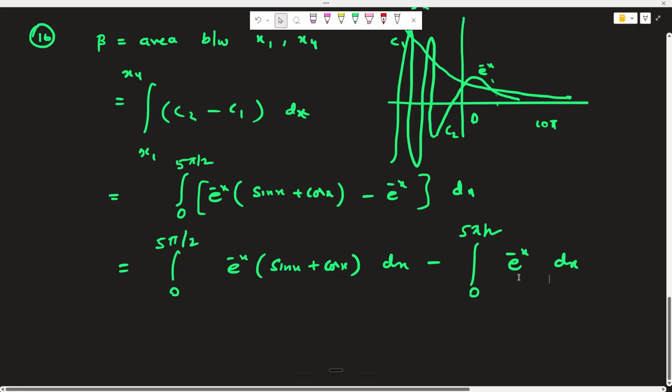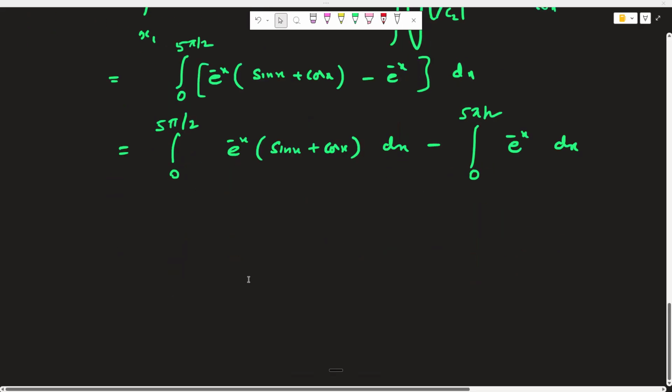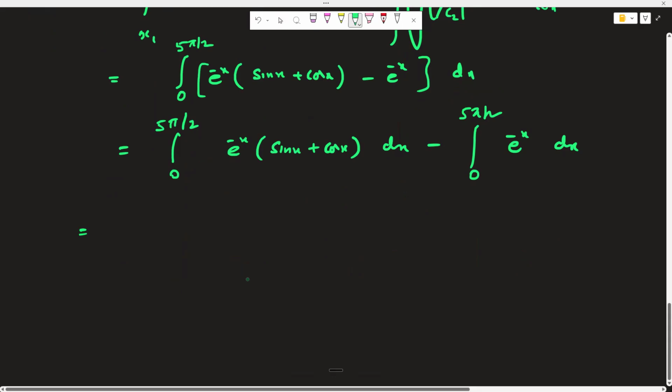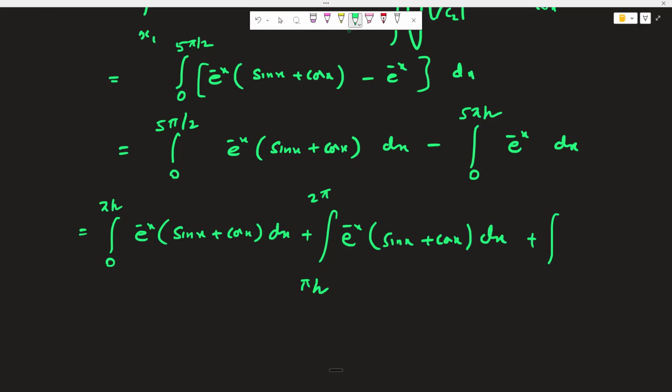Okay, but here this value will be split into from 0 to pi by 2, e power minus x into sin x plus cos x dx, plus from pi by 2 to 2 pi, e power minus x into sin x plus cos x dx, and from 2 pi to 5 pi by 2, e power minus x into sin x plus cos x dx.